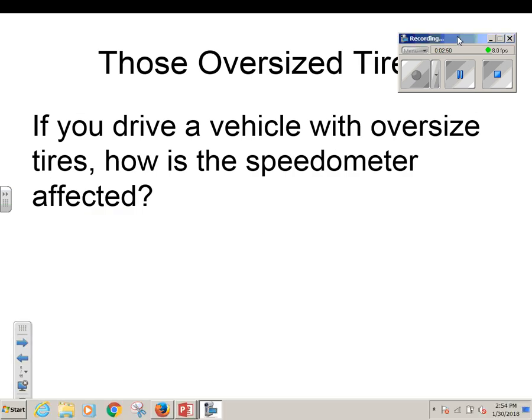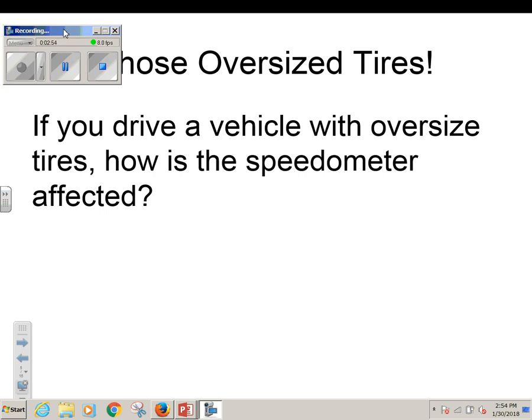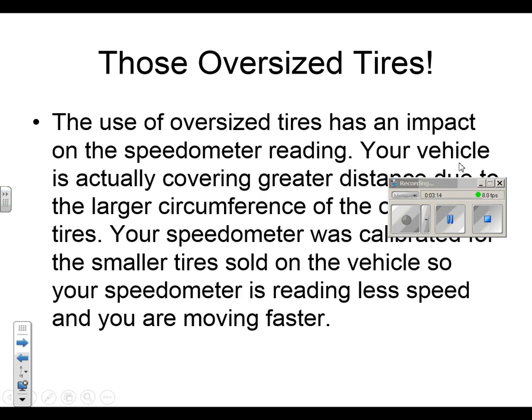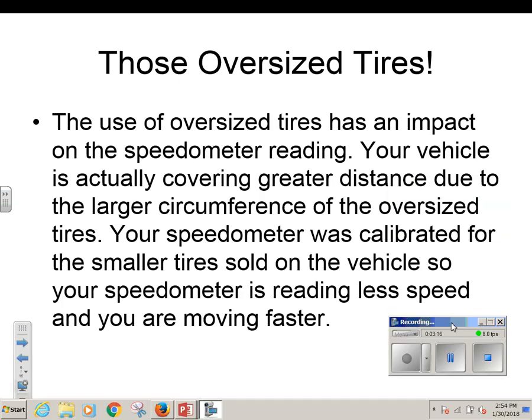So if you think about oversized tires, I don't know how many of y'all might have these on your trucks or on your cars, but if you drive a vehicle with oversized tires, how is the speedometer actually affected? If you sit and think about that for a minute, you'll think about the fact that when you travel in a larger circle, you're covering more distance. So when you use oversized tires, they have an impact on your speedometer.